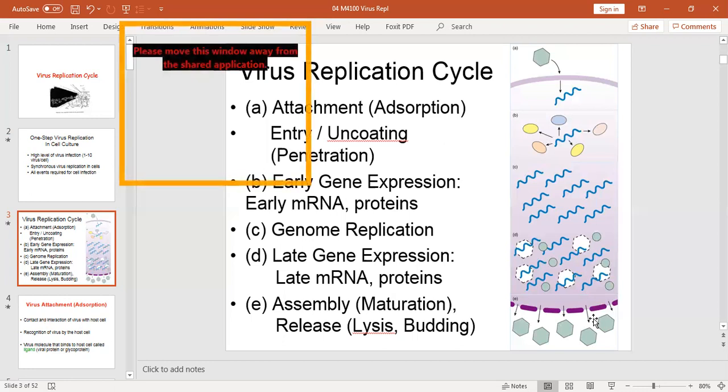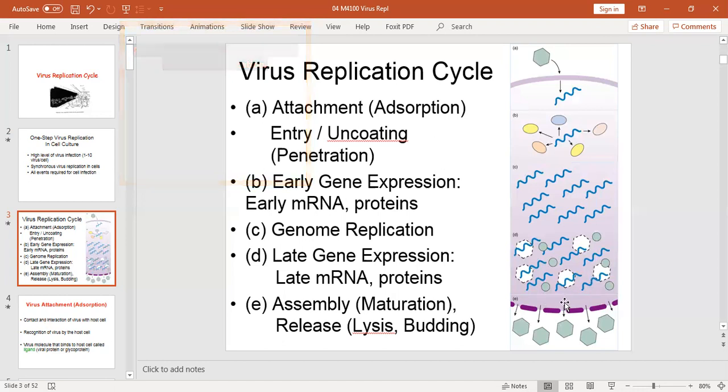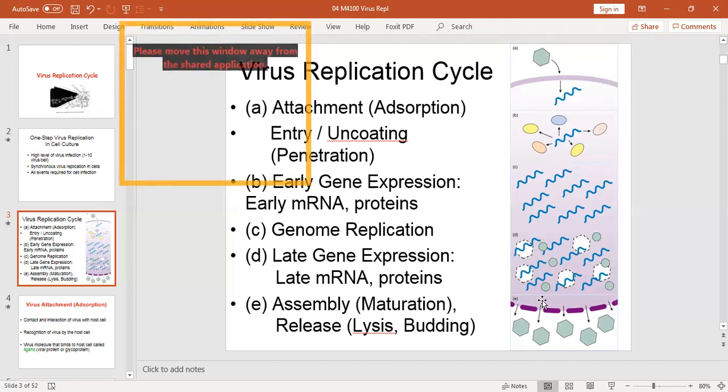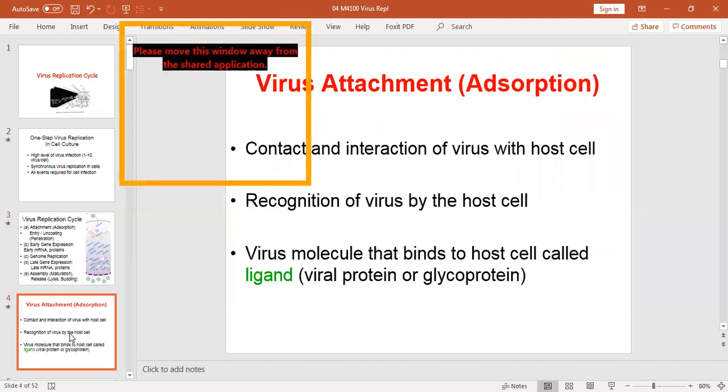This release of the virus from the initial virally infected cell can be accomplished through two mechanisms. It's either lysis, where the cell will burst, or through budding. The virus chooses a specific region of the host cell plasma membrane and exits through the host cell plasma membrane.